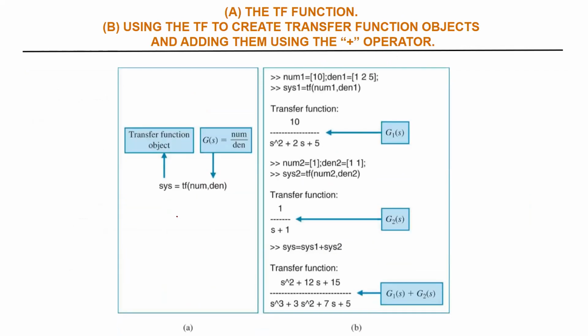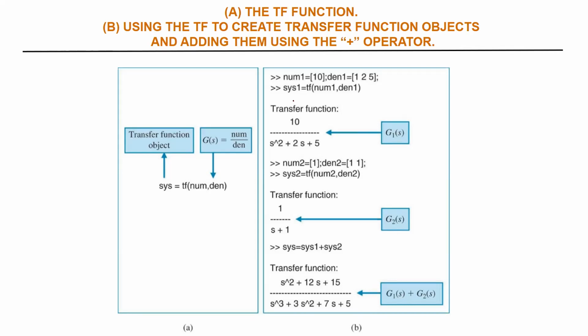One important command: if I have the transfer function of a system, with a numerator and denominator, I can define in MATLAB a system, let me call it sys1, using TF with the numerator and denominator.